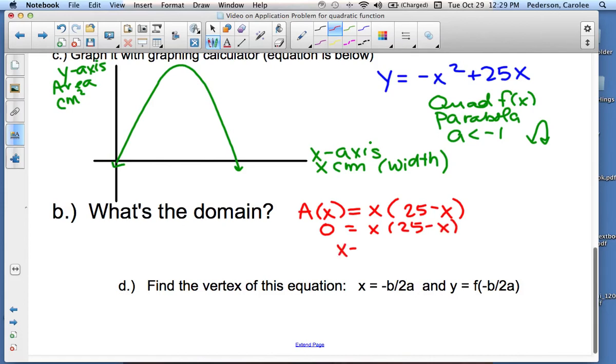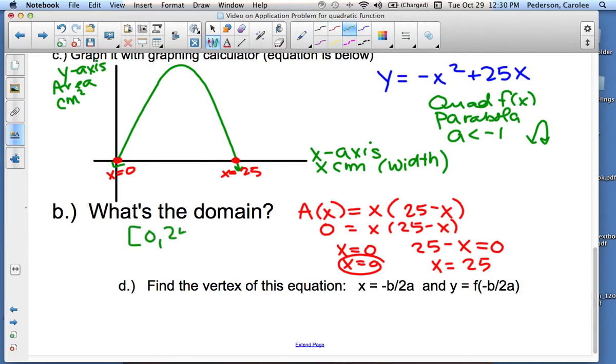I set each factor equal to 0, and I solve for x. So x equals 0, so that's one of my x-intercepts here. And then set this one equal to 0. x equals 25. There's my other x-intercept. So I know that my domain has to be somewhere between 0 and 25. I can't get any bigger than that along my width.